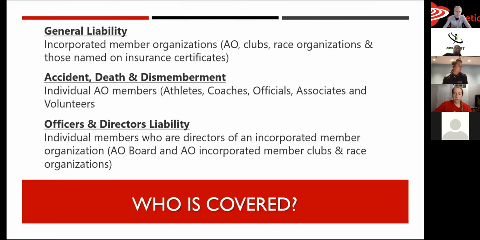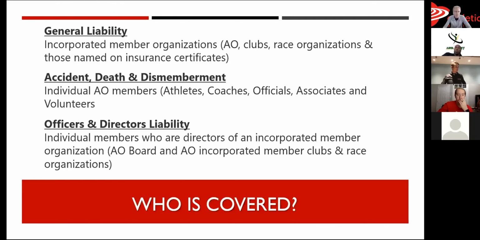The accident, death, and dismemberment covers any individual AO members, whether that's athletes, coaches, officials, associates, and volunteers. Any of those are covered underneath the plan. So if there is an accident at any one of the sanctioned events, they would be covered under that plan. Officers and directors liability covers the individual members who are directors of an incorporated member organization.